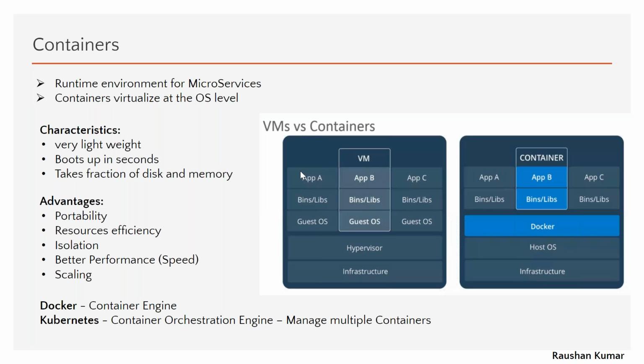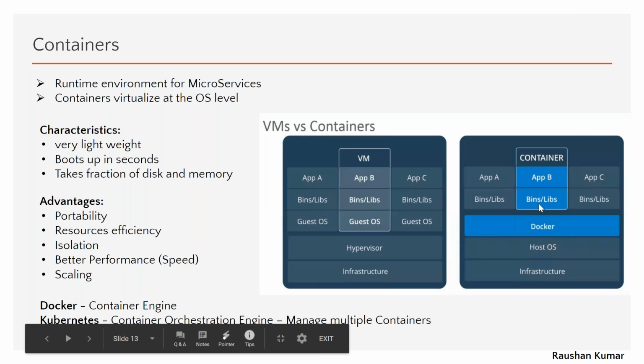Suppose I'm using a 3-tier monolithic application, then I can use app A as my web server, app B as my application server, and app C as my database server, and I can have my complete application stack and have my application running.